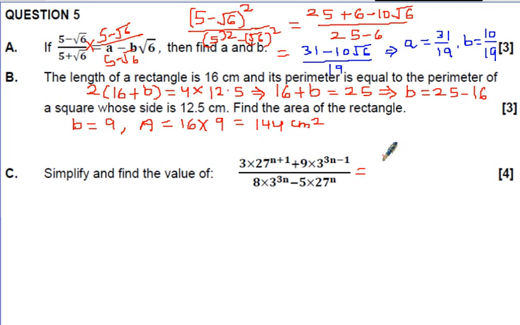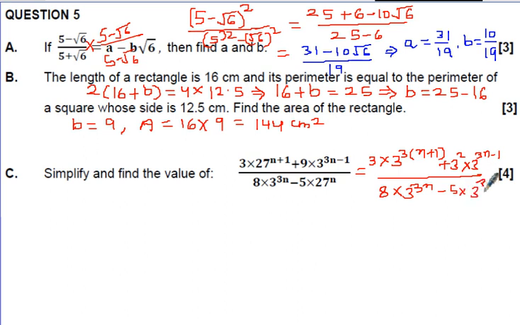So you can write 3 into 3 cube n plus 1 plus 3 square into 3n minus 1, upon 8 into, don't do anything for 8 because I don't find anything common for 8. Same thing with 5. And there you can write 3 cube into n.